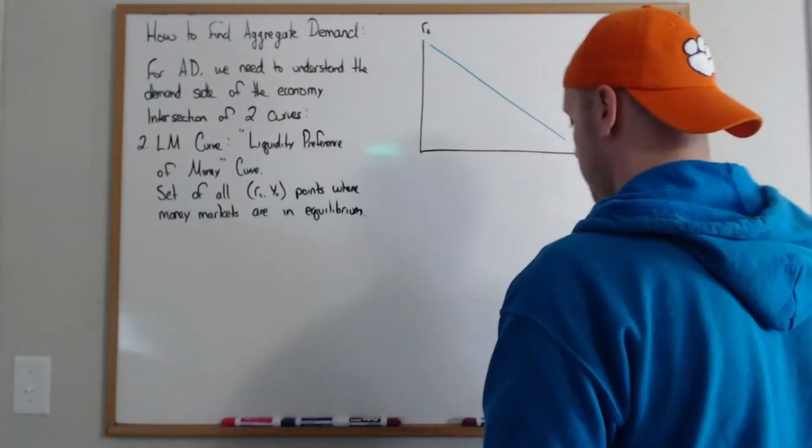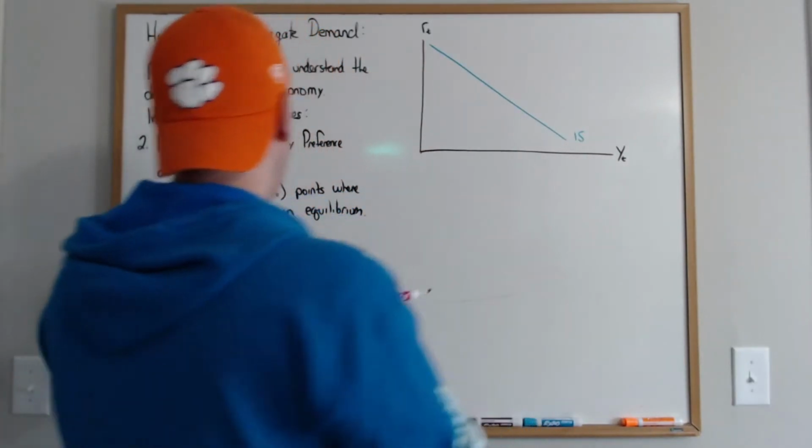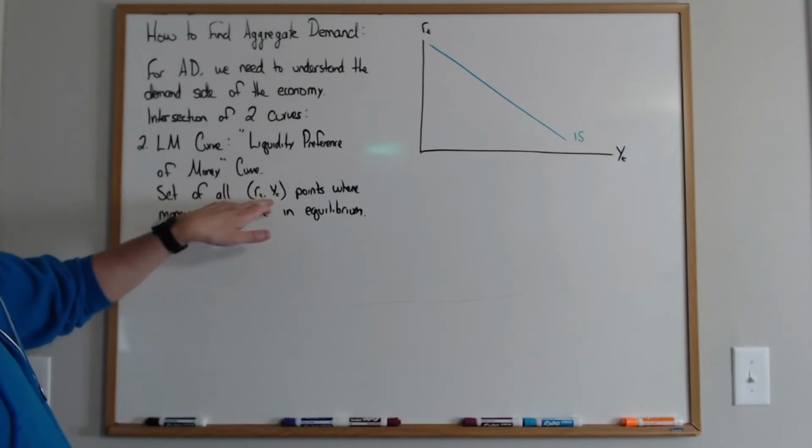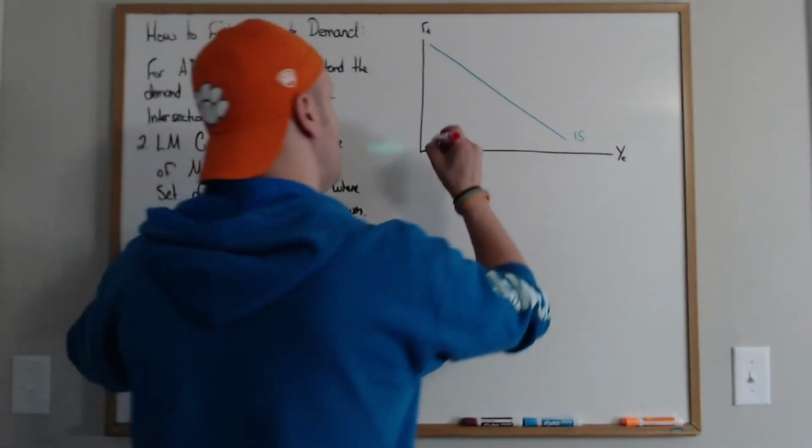Now, the IS curve is downward sloping. The LM curve, right, it's a set of all these points where money markets are in equilibrium. Right? The higher the interest rate, the more money you're going to want to hold.